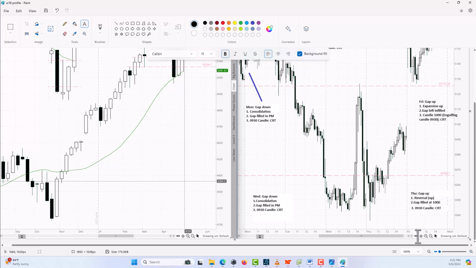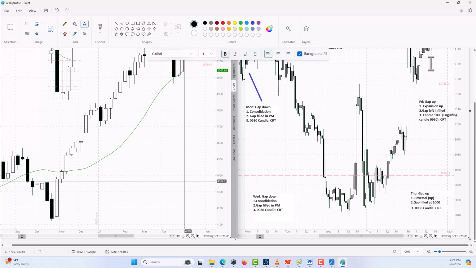We fixed that. All right, so Thursday we have a gap up, and how beautiful, at 10 it filled the gap and it also raided the low, or the sell side liquidity. Then you know the reversal is already set in motion. And we have a gap up on Friday and it did not refill.